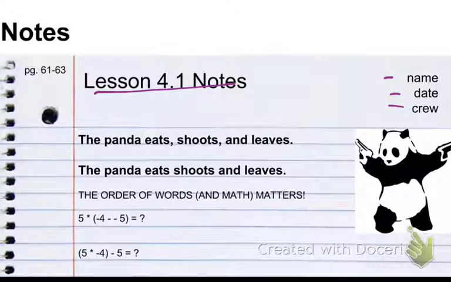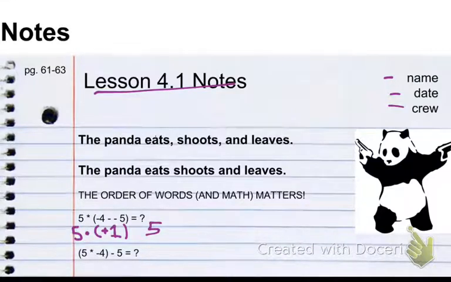And the same is true with math. For instance, if I have 5 times, and I'm using the little asterisk there as a times symbol, 5 times the quantity 4 minus negative 5. Well, if I do what's in the brackets first, 4 minus negative 5 gives me positive 9... and then if I do 5 times that, I get 45 for my answer.